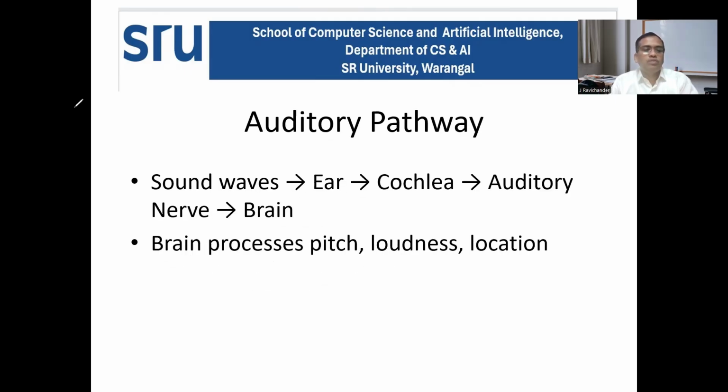Coming to the auditory pathway. First, the sound waves, which the ear can listen to or observe. Then the cochlea, which passes signals to the auditory nerve. From that, it goes to the brain.